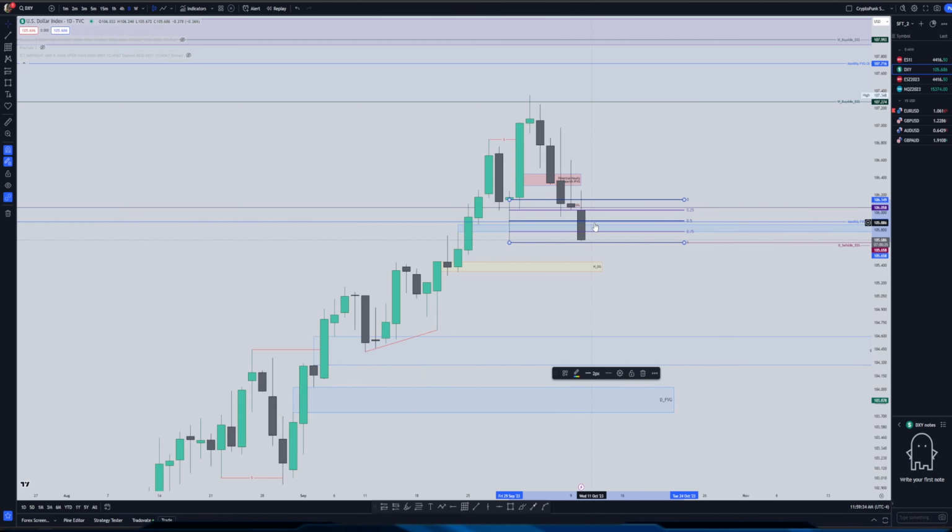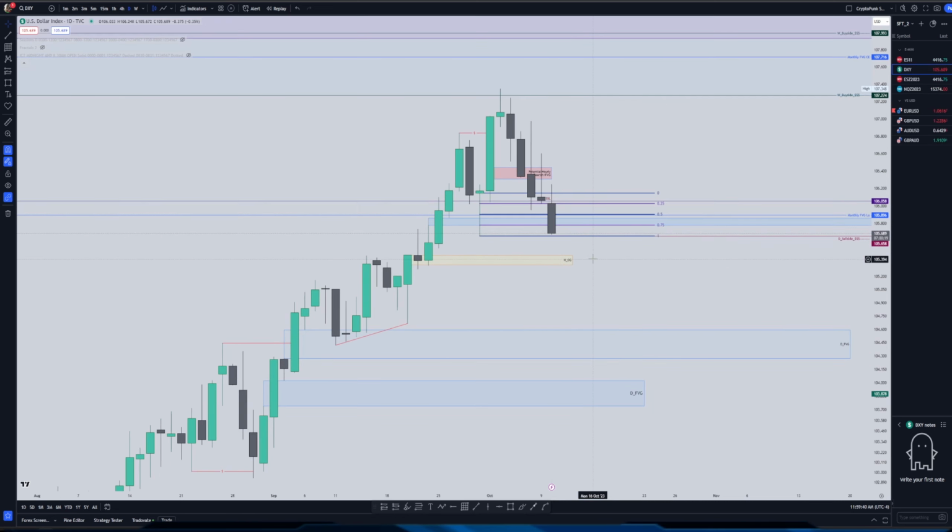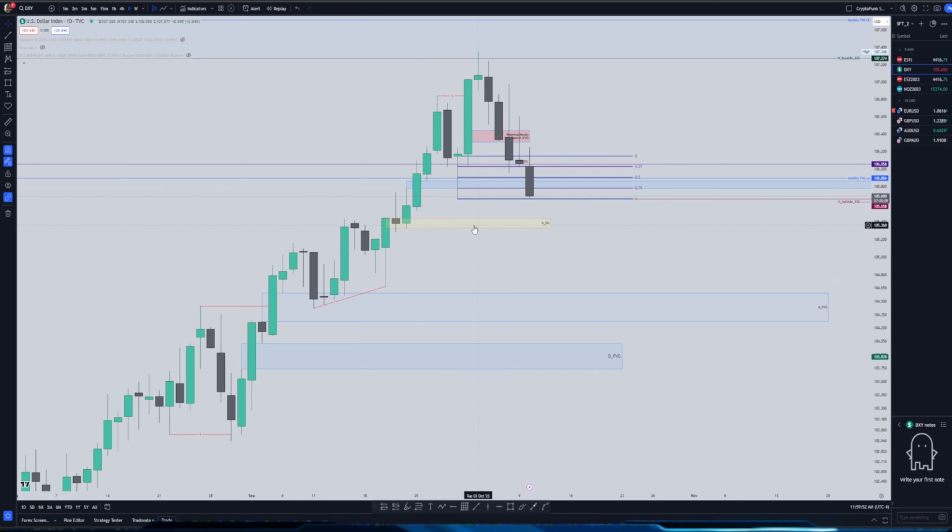Since price is trading below that, I am now thinking that there is this hourly opening gap. There is a gap over there; on hourly it will be clearer.